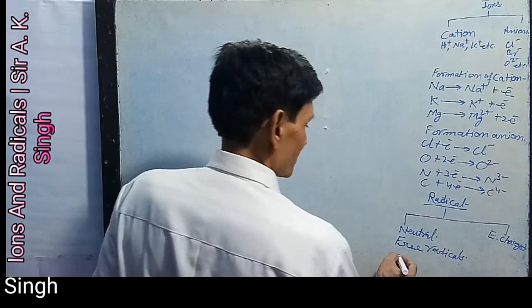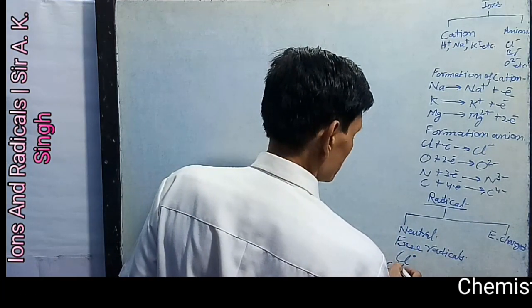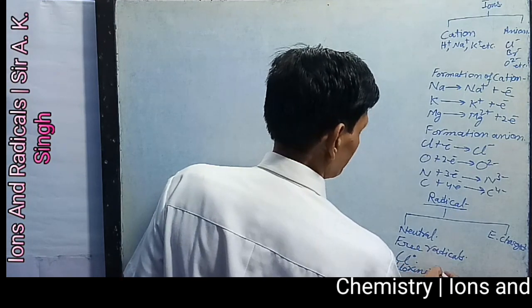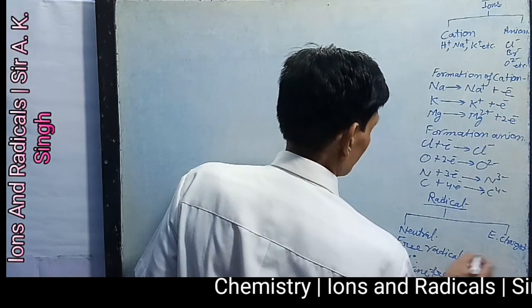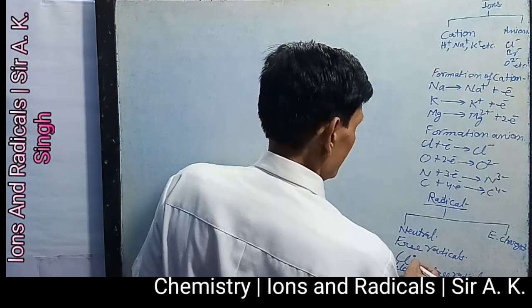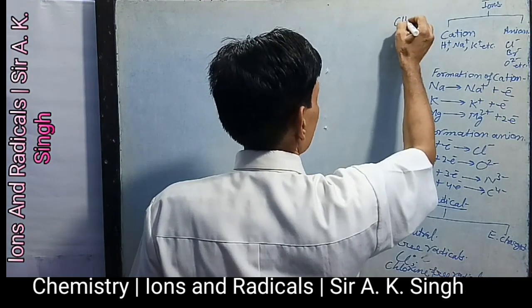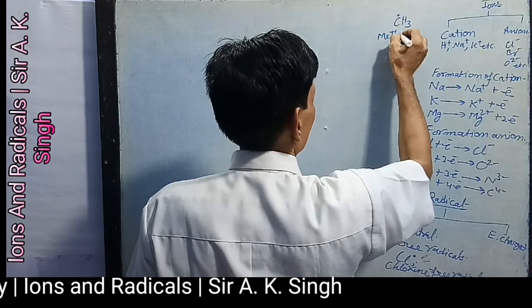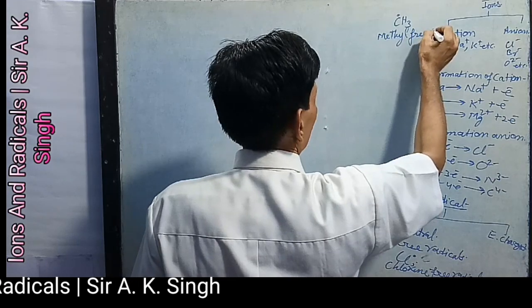See the example. Chlorine is a free radical. Like that. Methyl is a free radical, CH3, methyl free radical.